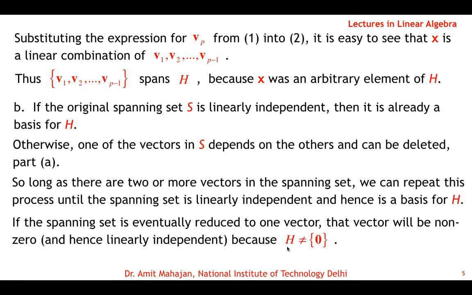This is true because we have said that H has to contain a single non-zero vector. It cannot be a set of a single vector that is only the zero vector. So definitely by this process we can reduce to a basis of H.